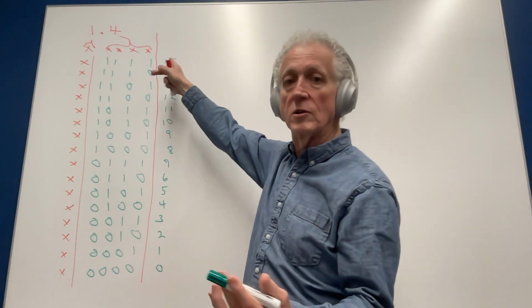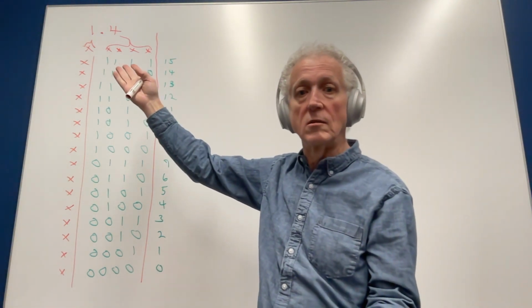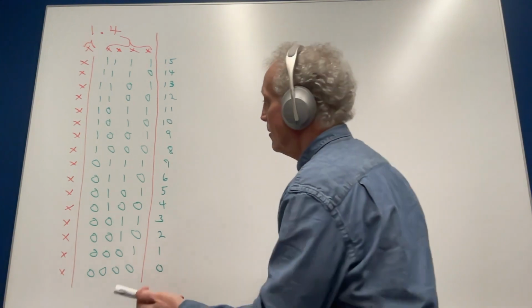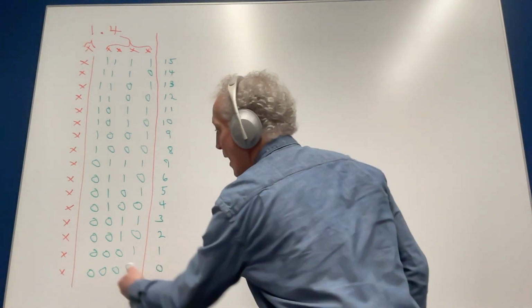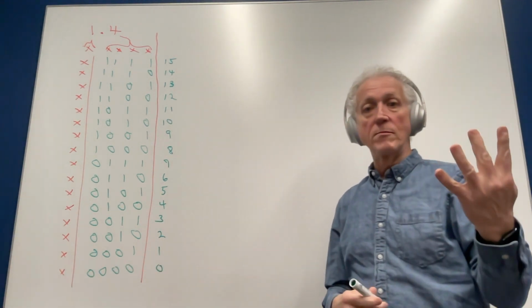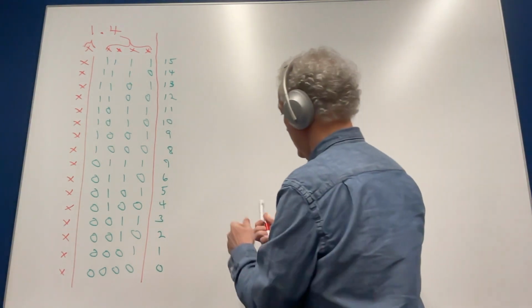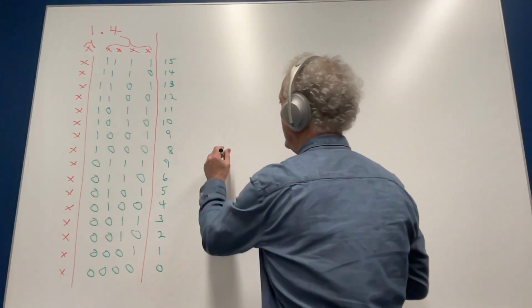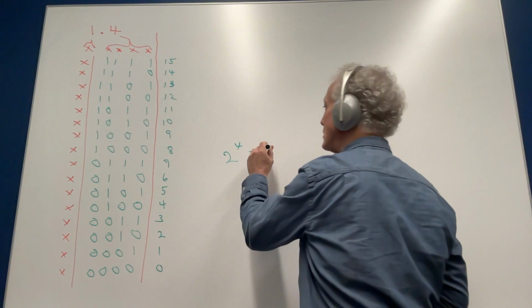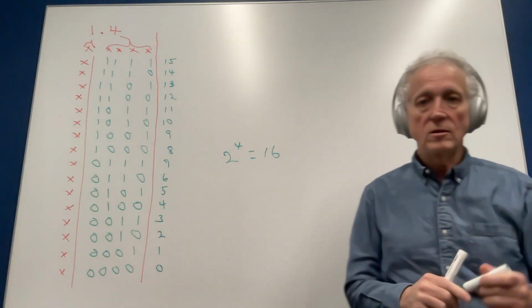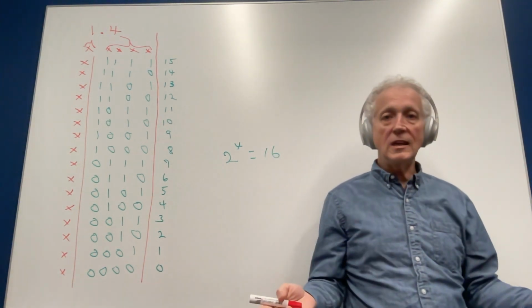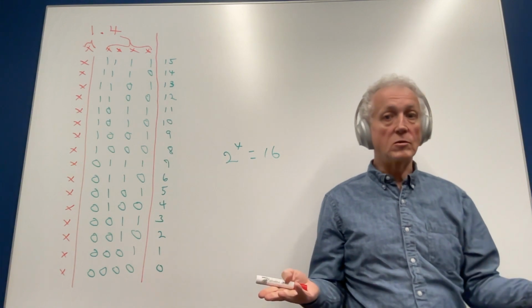There are 16 different values. How did we get that number? How many bits are there? There are 4 bits we're using for the fractional part. So 2 to the 4th equals 16. So we have 16 total values.